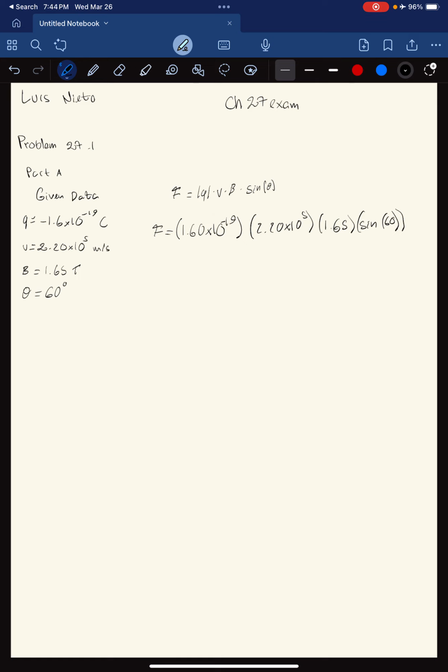Correct. Perfect. So let's get that to the calculator. Put 1.60 times 10 to the negative 19, times 2.20 times 10 to the 5, times 1.65 Teslas, and sine 60.